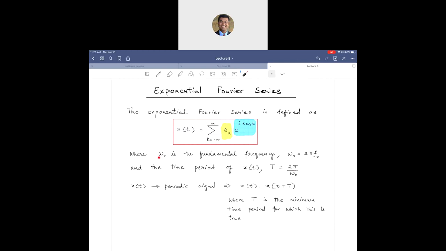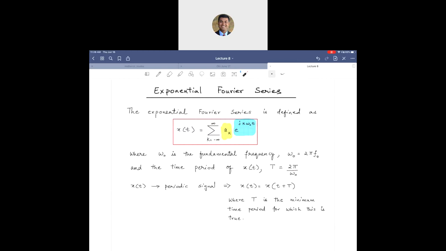Omega naught is called the fundamental radian frequency, where omega naught is 2 pi times f0, where f0 is the fundamental frequency. I would recommend that you pick one. I like to work with omega naught. In some textbooks, you might find e to the j k 2 pi f0 t.